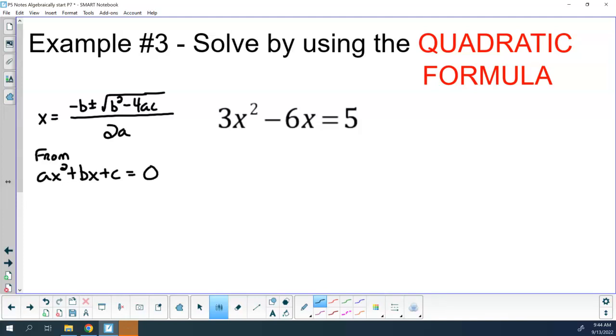What don't we have in this particular case? Or what do we need to do first? We got to get it in standard form first. So we have to subtract 5 from both sides.